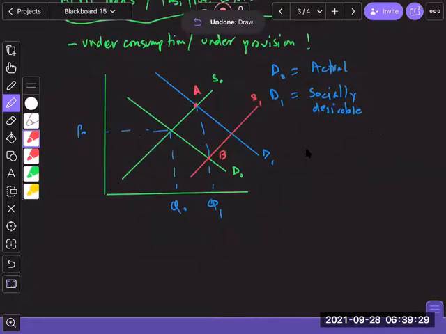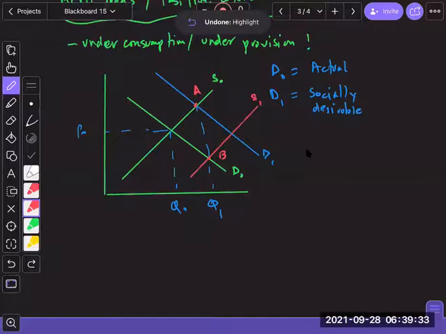Automatically, the price will go down to P1, quantity will go up, and we will be able to achieve the right quantity.